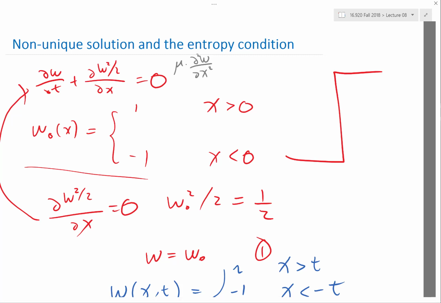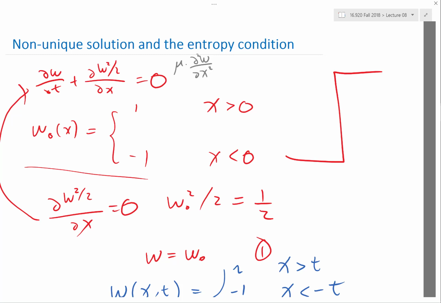Just the order of magnitude is like the viscosity of air, which is like 10 to the minus 5, divided by the speed of sound, which is like 10 to the 2, right? So you get something on the order of 10 to the minus 7 viscosity here. And that's negligible. Seven orders of magnitude of separation is negligible in most cases, except when you have a discontinuity.